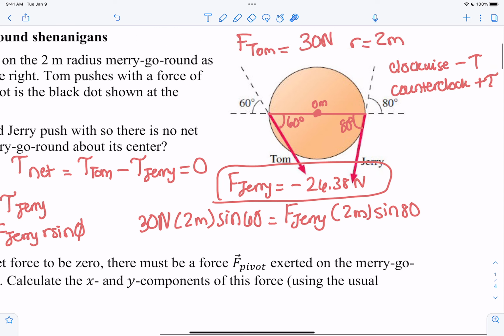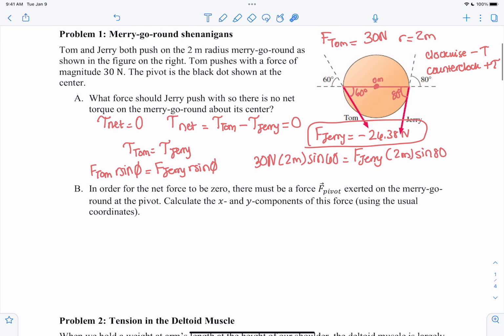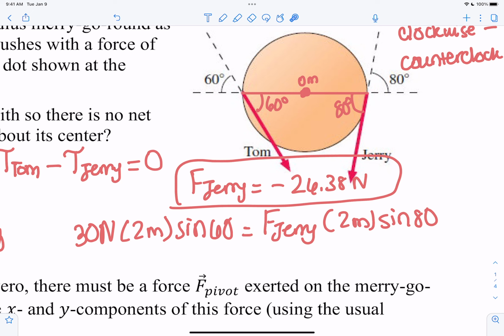Now, for part B, it's saying in order for the net force to be 0, there must be a force F pivot exerted on the merry-go-round at the pivot. Calculate the x and y components of this force. So we know that net torque is 0 here, right? There's no rotational motion being provided that's going to make this merry-go-round turn.